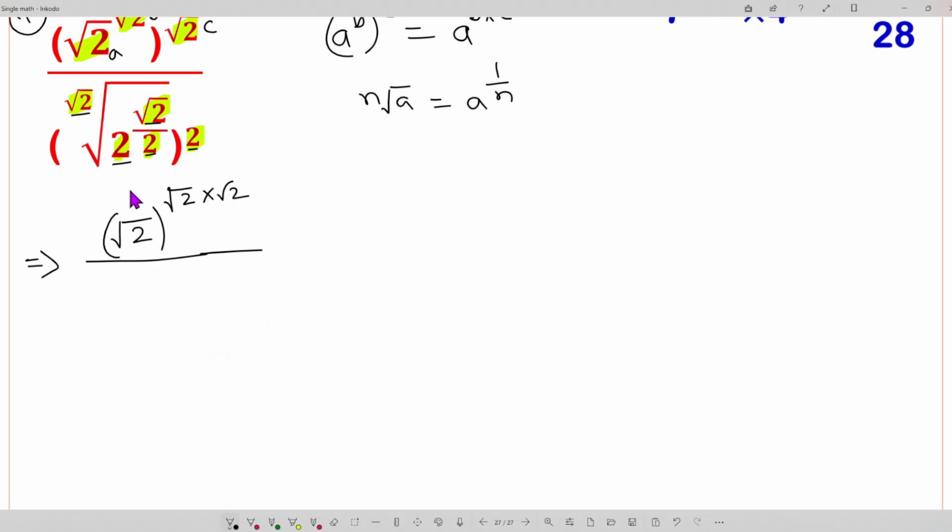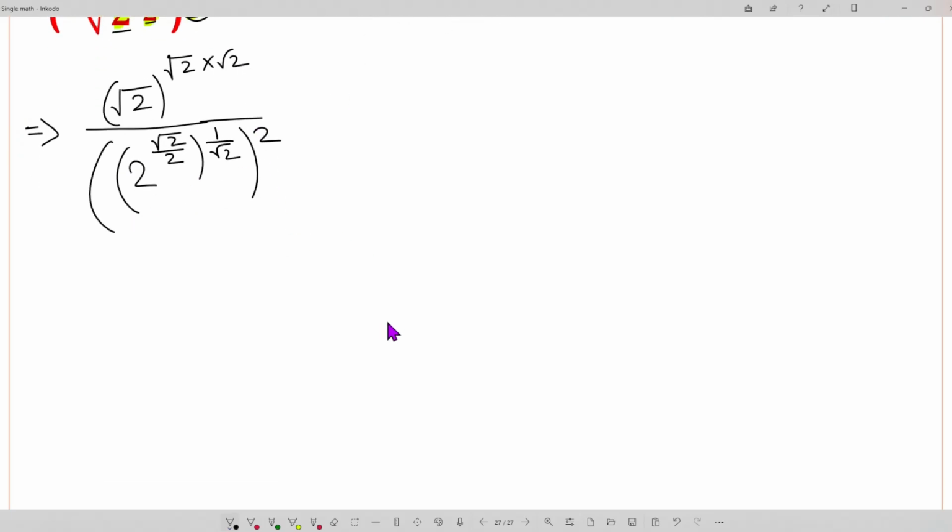So again this one, we can write 2 to the power root 2 by 2 and whole to the power 1 by root 2 again this one, and whole power will be 2. This is this one. Okay.